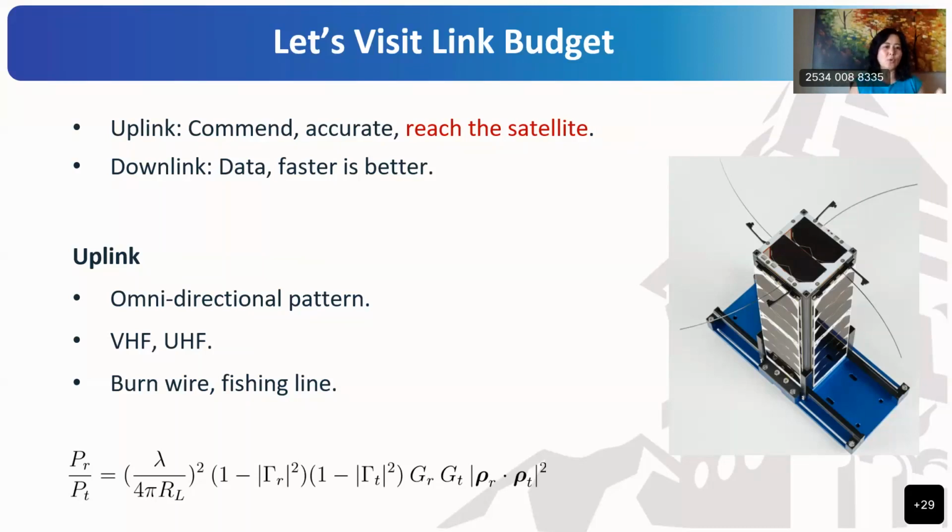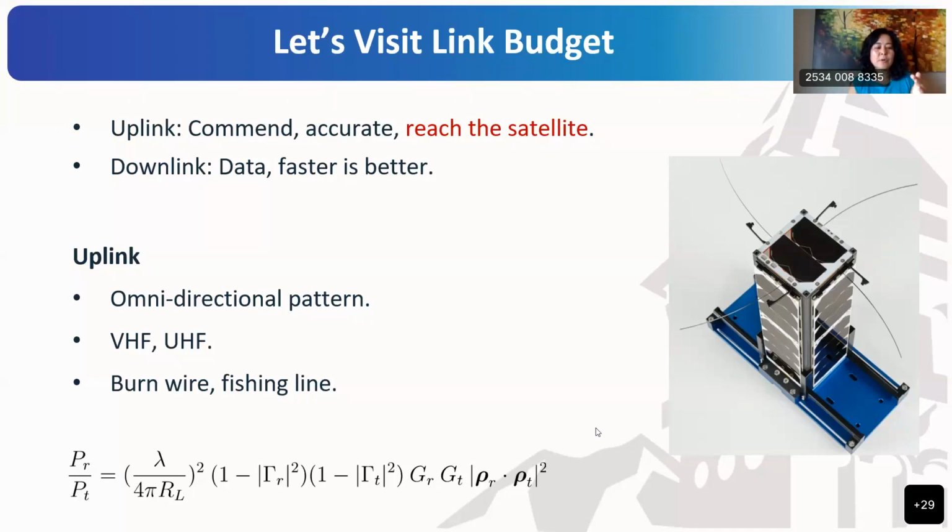Omnidirectional means low gain. So now if we look at the Friis transmission equation, the received power on the CubeSat antenna is calculated from this equation here. The received power has to be higher than the noise floor for the CubeSat to process it, right?